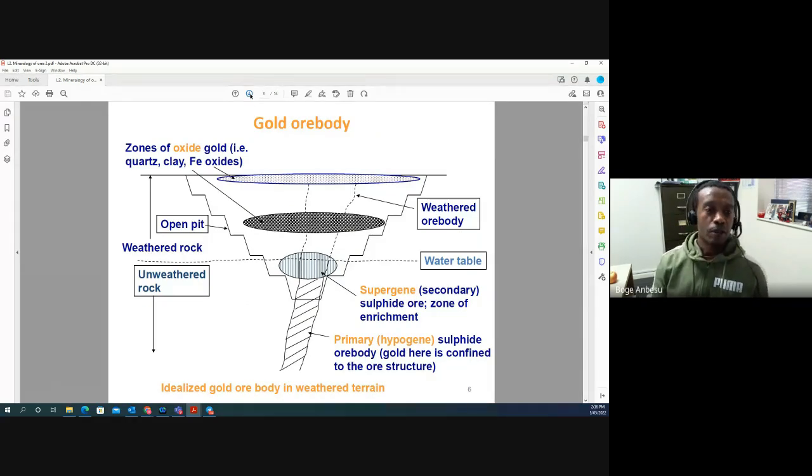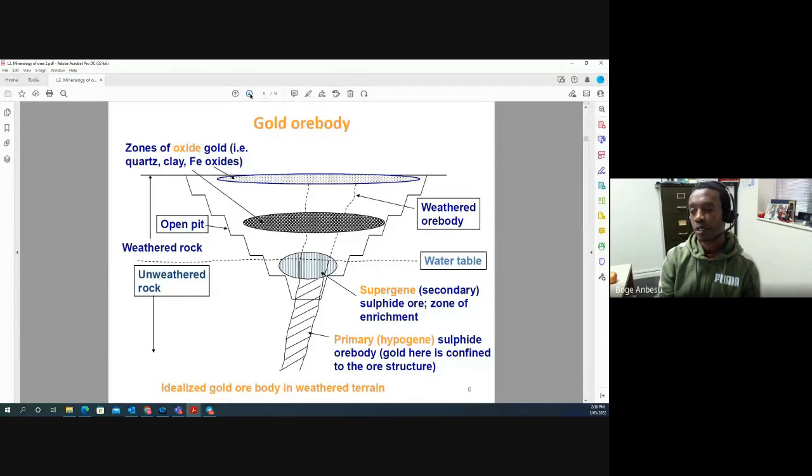So what does a typical gold ore body look like? As I was saying earlier, at the top you probably have the gossan zone, and then the leached zone just underneath that. But from a mineralogical point of view, what's more interesting is the one underneath the leached zone, which is the oxide zone.